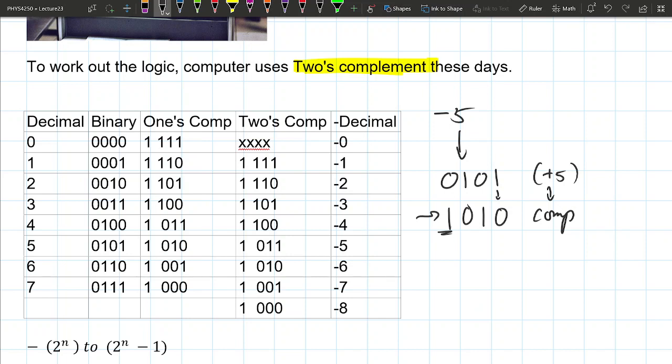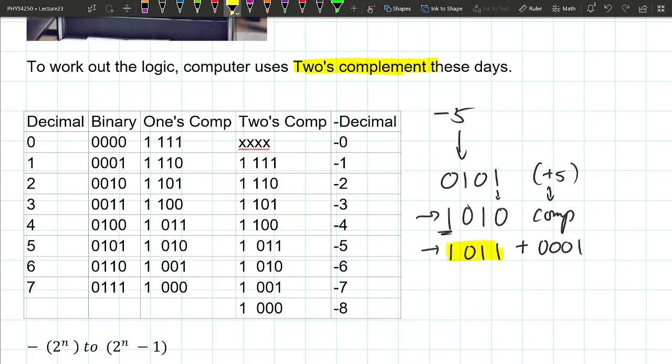Then what I do is I add 1, that is, I add 0001 to it, depending on the number of bits. So in order to represent this, what I have is 1011.